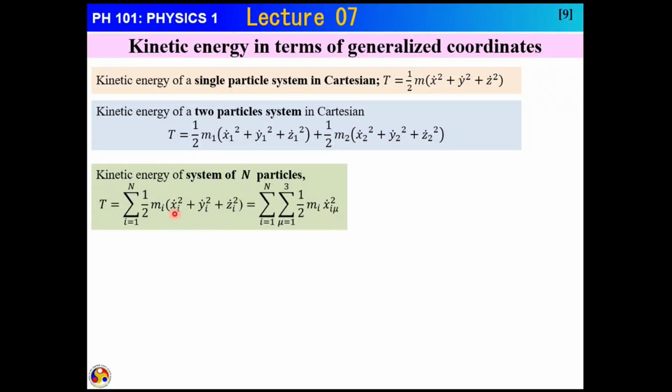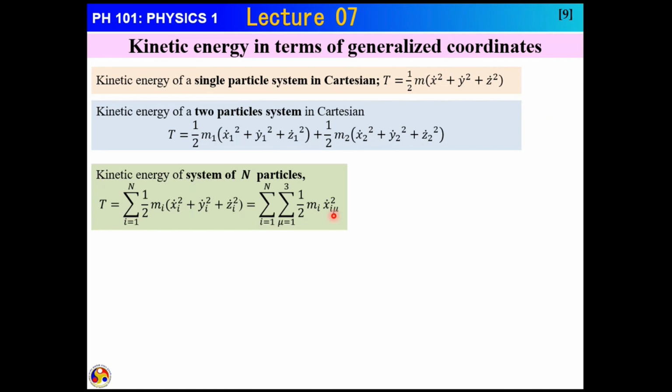So x_i1 means x_i, x_i2 means y_i, and x_i3 is z_i. Okay, and if we introduce this extra index for x, y, and z, of course it should be running from 1 to 3.